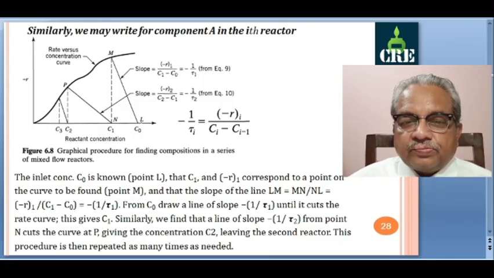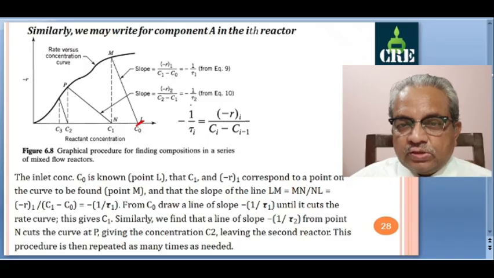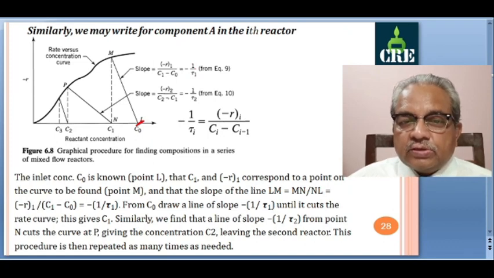Now first we start with C0. We want to know C1. If I know this tau 1, so minus 1 upon tau 1, this slope is equivalent to this.